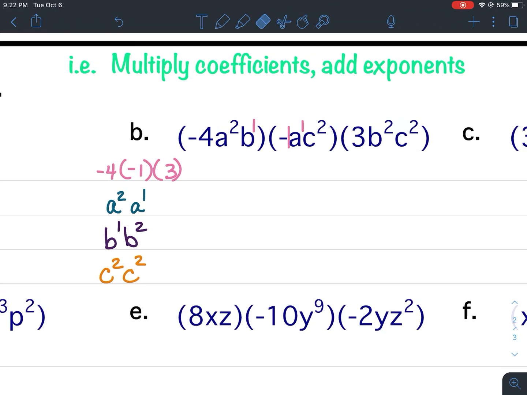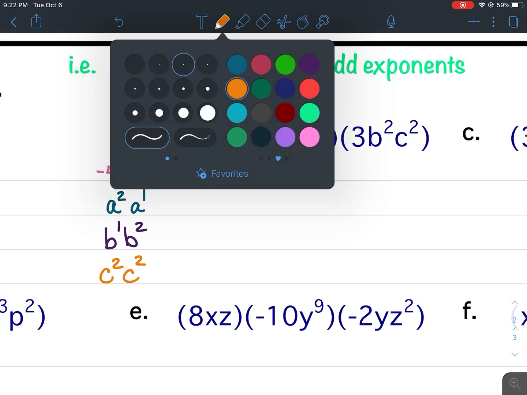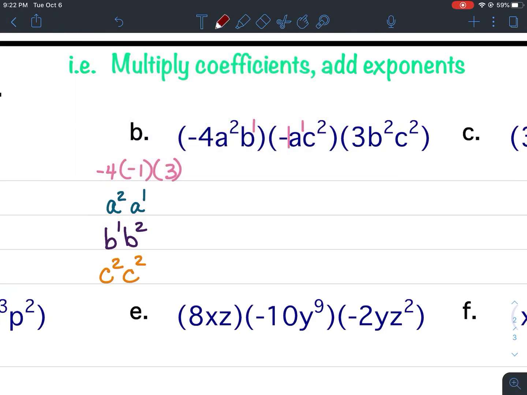Now that we've grouped everything together, we can multiply. So first, I'm going to multiply my coefficients. Negative 4 times negative 1 times 3 gives me 12. And now I multiply the variable terms by adding their exponents.